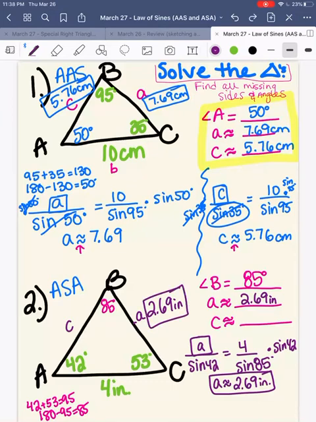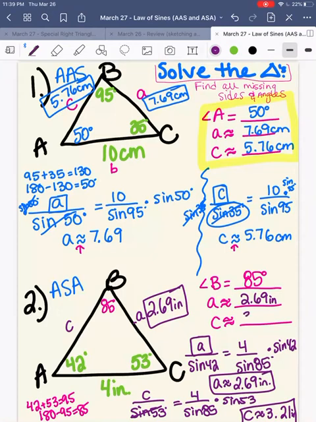Okay, we're going to do the formula one more time, but this time we're looking for C. So we're going to do C over sine 53 degrees equals, and I'm just going to still use that 4 over sine 85, and then I'm going to get rid of the sine 53, and so C is approximately, so let's type it in, 4 divided by sine 85 equals 4.0152, etc., and then times by sine 53, and you should get 3.21 inches.